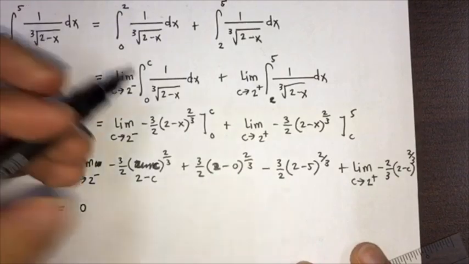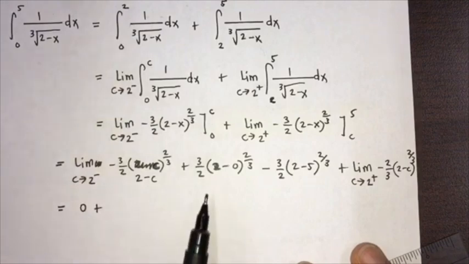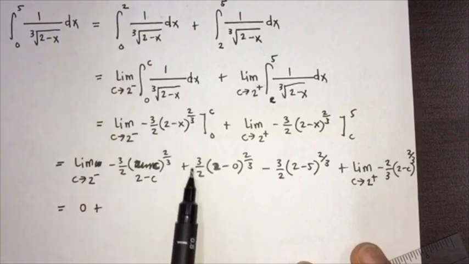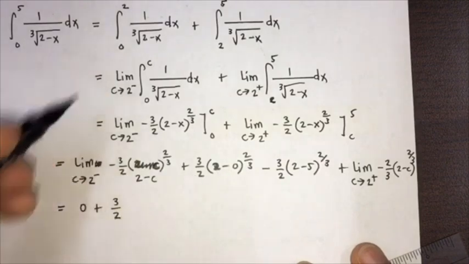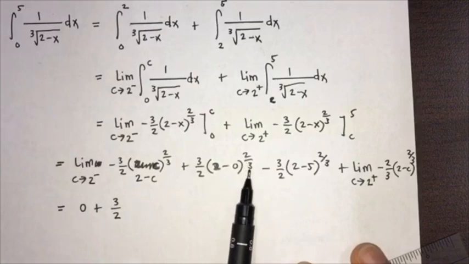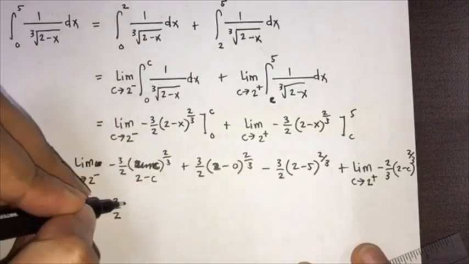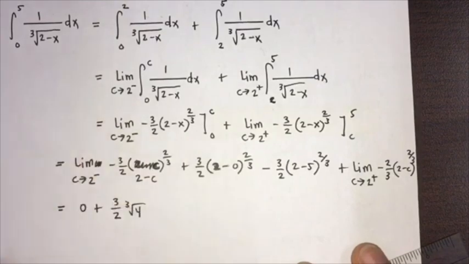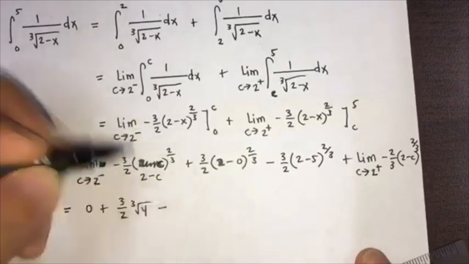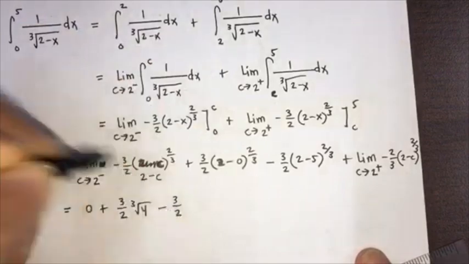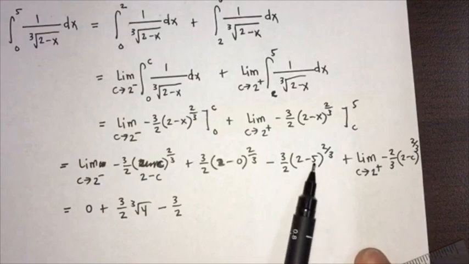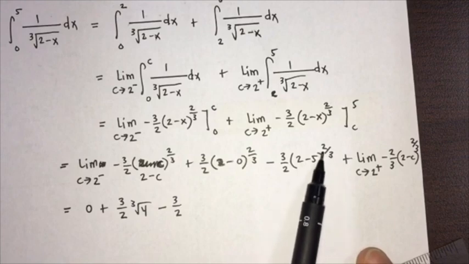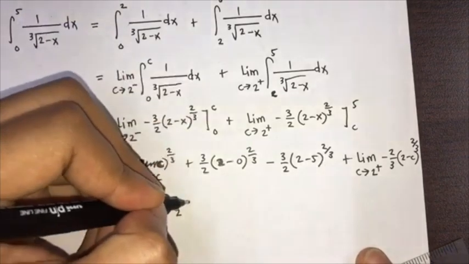This one, plus 3/2 times 2 raised to 2/3, so that is the cube root of 4, I think, minus 3/2 times negative 3 squared, that is 9, so the cube root of 9.